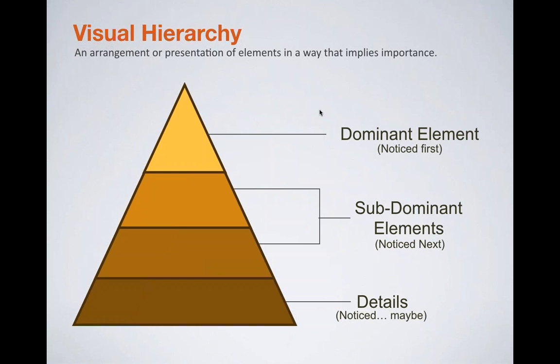We're talking about visual hierarchy, so it's an order of importance from a visual standpoint. That is, what stands out the most, so what commands the most attention visually, and then going down in order of importance to where you have subdominant elements, things that are important but not the most important things that you have to notice. And then you get down to just the details.